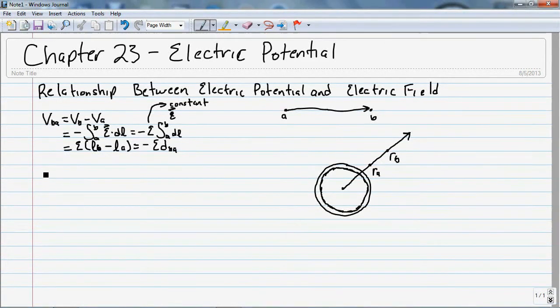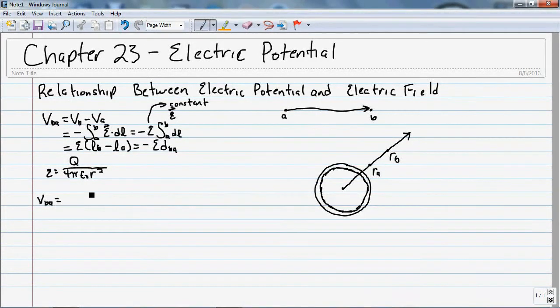So our electric field is equal to Q divided by 4 pi epsilon naught r squared. Now let's put that into our integral.